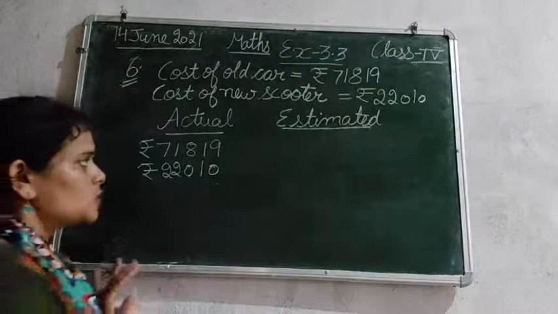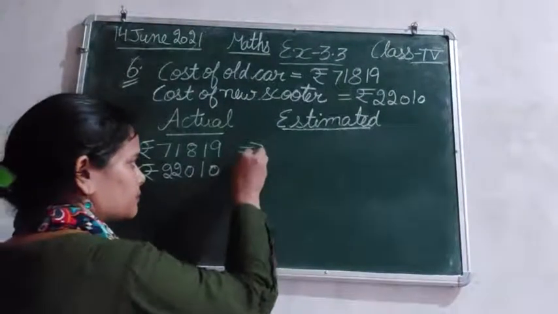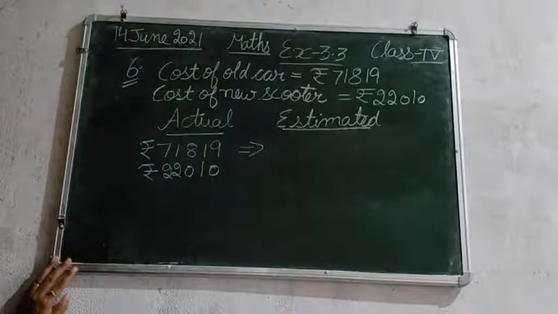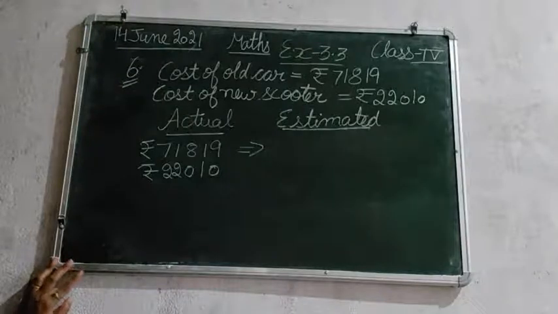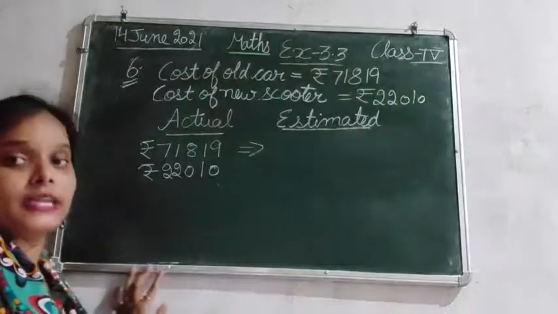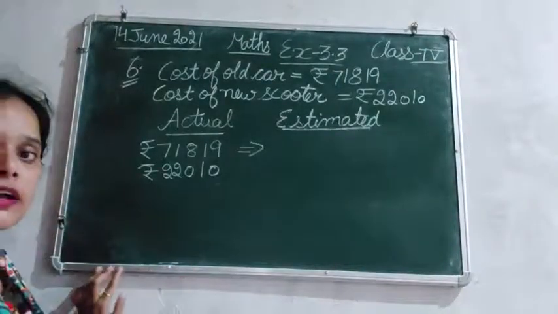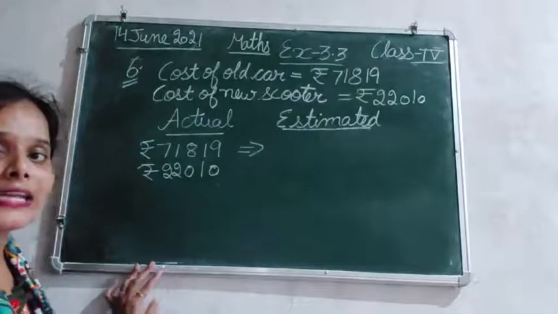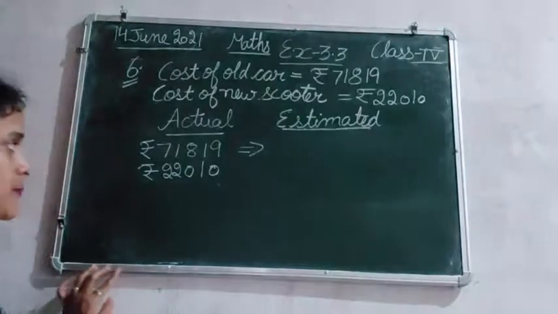Okay. So let's round it off. This is 71,819. So let's round it off to the nearest 10,000. So for rounding it off to the nearest 10,000, we will observe the digit that is given at thousands place.